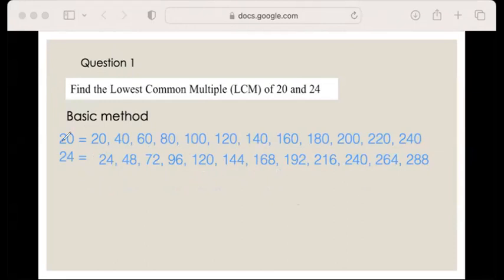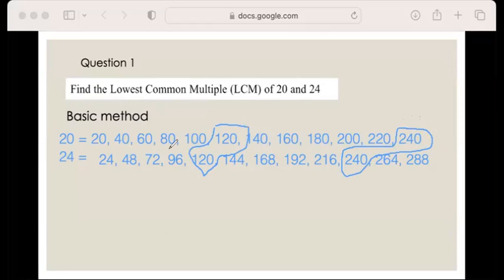For example, 20 times 6 is 120 and 24 times 5 is 120. So here we have a multiple of 20 and 24 which is common, that is 120. And we have another which is 240. As you continue writing down the multiples, you will find many common multiples like this: 120, 240, and so on, 360.